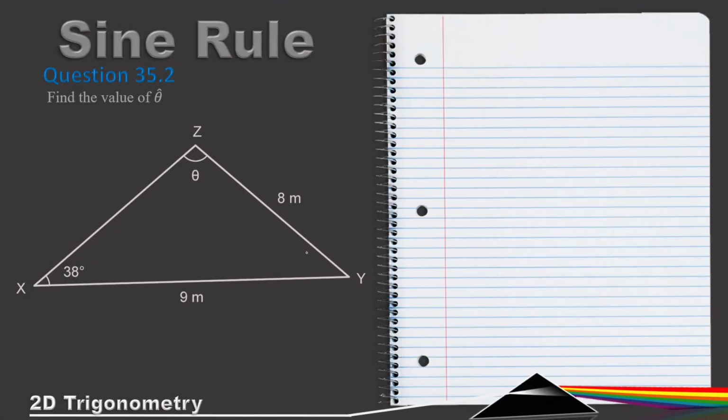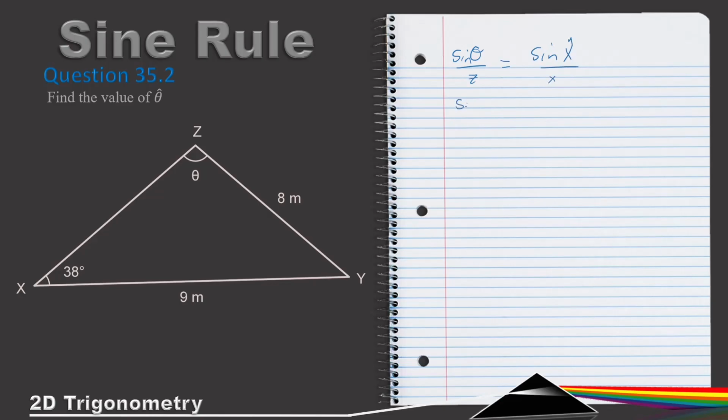Okay, so the last question for the sine rule, we need to solve for theta. And we have our angle and opposite side, angle and opposite side. So we have sine theta over z equals sine x over x.